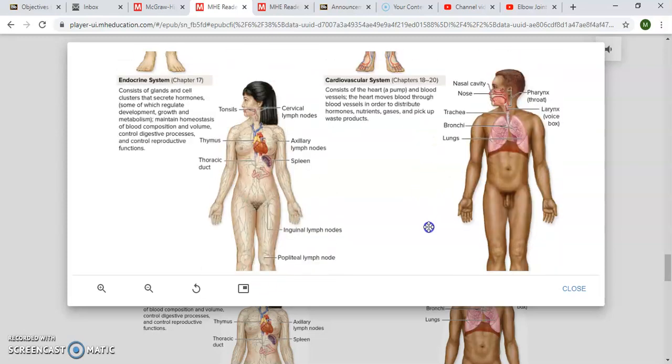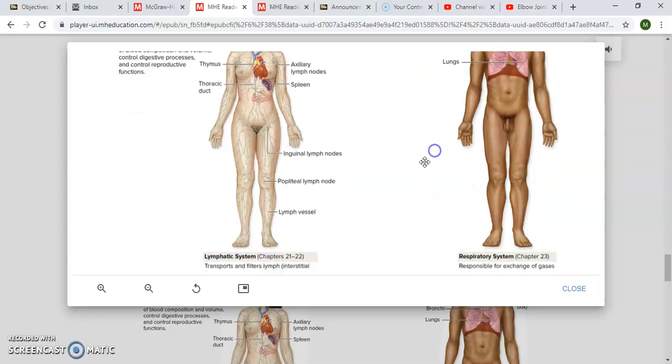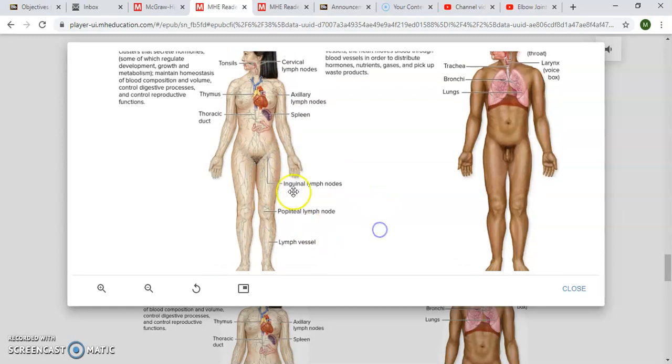But one of the other roles that people may not be as familiar with is that they take any fluid that gets out of the blood, whenever hormones, nutrients, and oxygen leave the blood to go to the tissue cells. Any of that fluid that doesn't get back into the blood gets into the lymphatic vessels. That's what all these little green lines are, the lymphatic vessels. They call it lymph when it's in the lymphatic vessels, and they take it back towards the heart, and that way it can get back into the bloodstream.